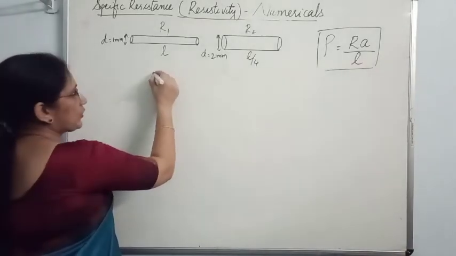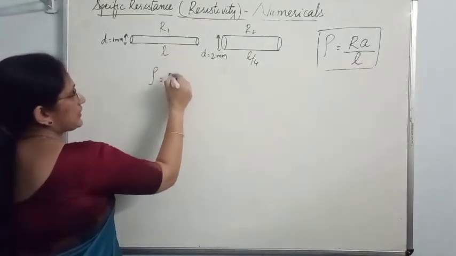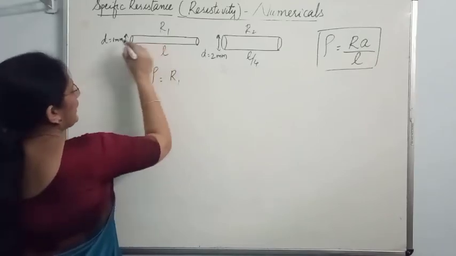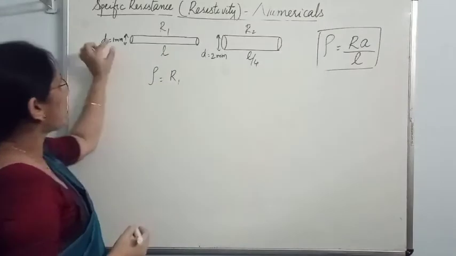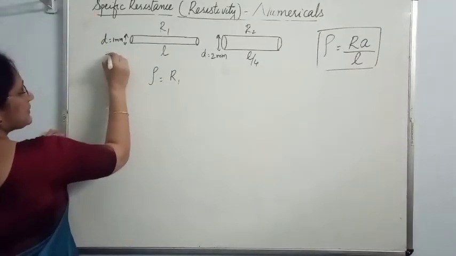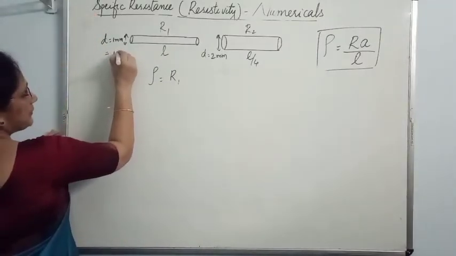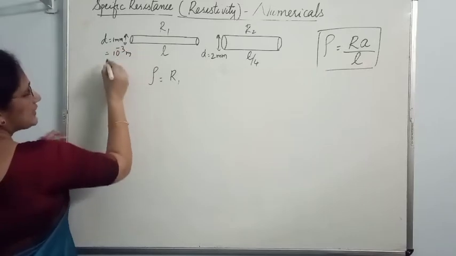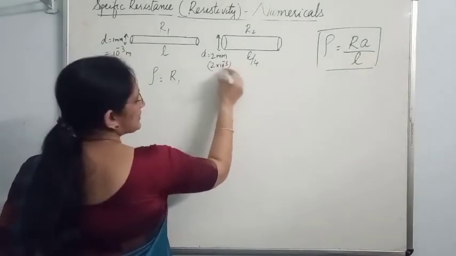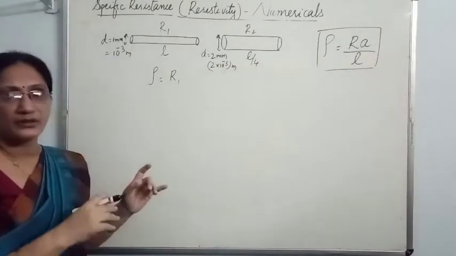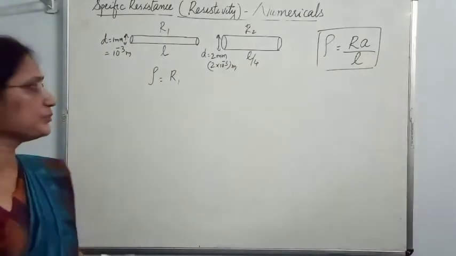Same concept, rho you have to find out. For the first wire, rho is R1A by L. Use the formula for rho. Here diameter is 1 millimeter, that means 10 to the power minus 3 meter is the diameter here. Here 2 into 10 to the power minus 3 meter is the diameter. From millimeter it is converted to meter.